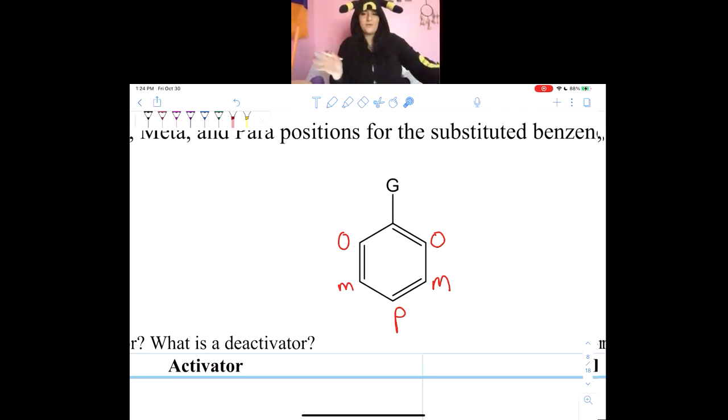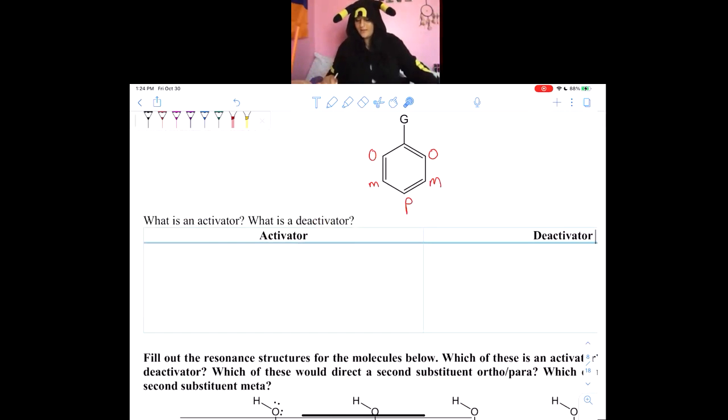Any questions about ortho, meta, para before we go on to other stuff? No? Cool. So this is where students tend to get confused by what's an ortho para director, what's an activator, what's a deactivator. I just want to let you know, directors versus activator and deactivator are different things.